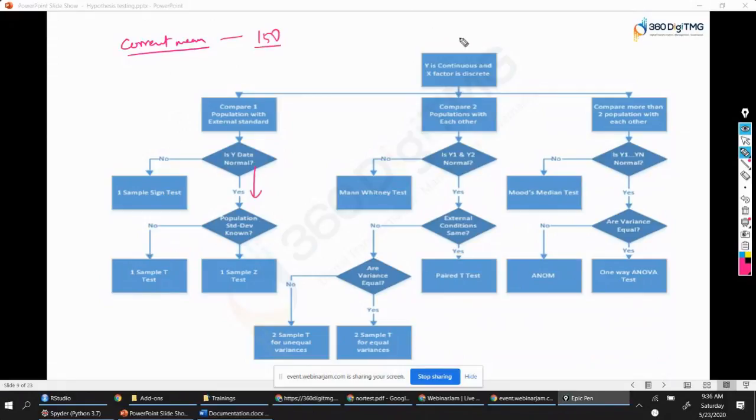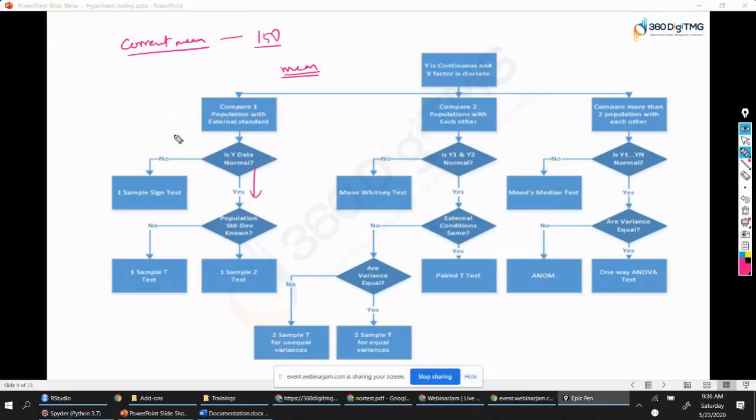So we are verifying whether the current mean is close to 150. If my data are normal, then mean equals median equals mode, the area under the curve is 1, and all the normal distribution properties would hold good. And I can consider the mean as is.